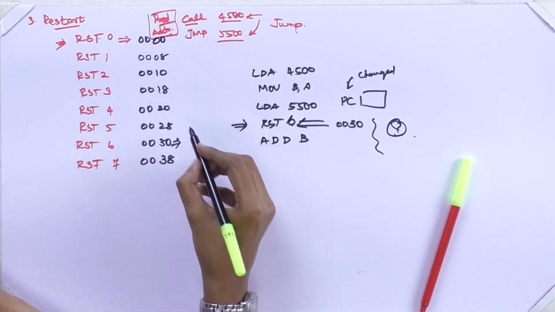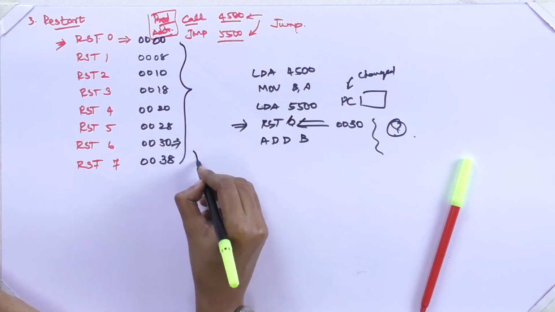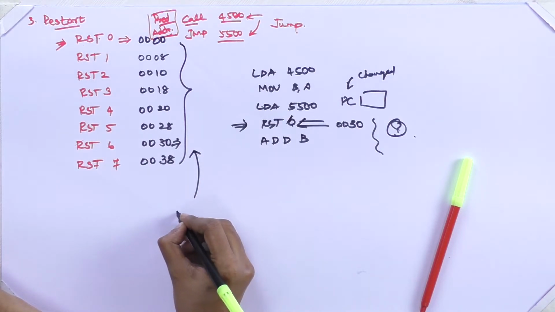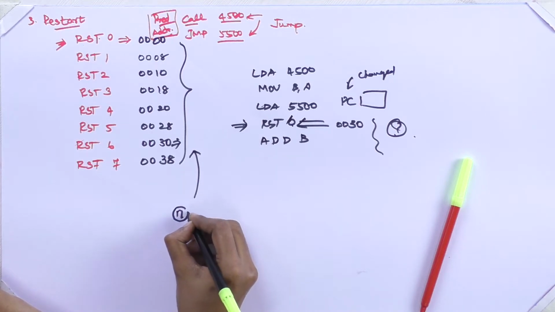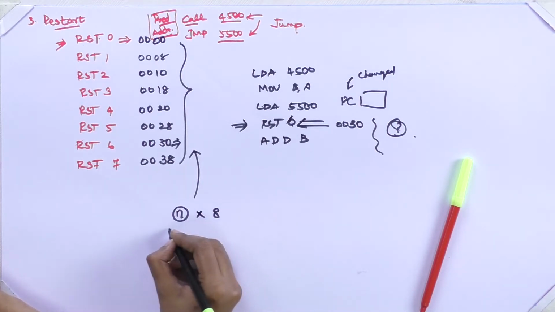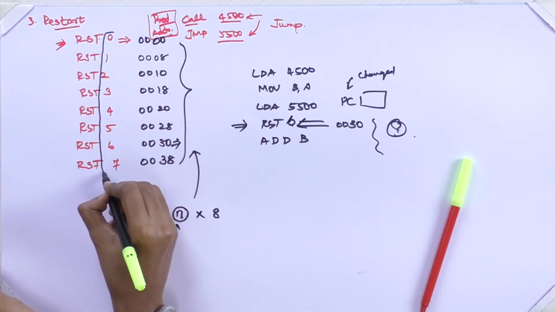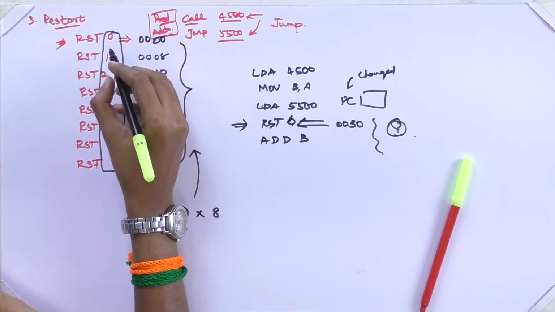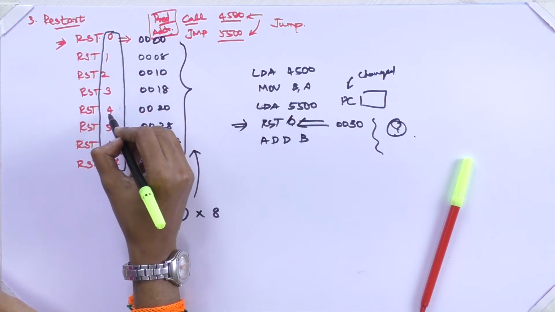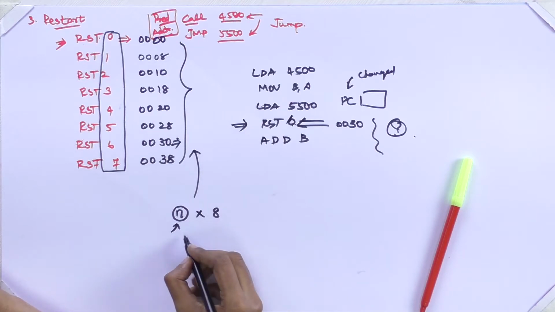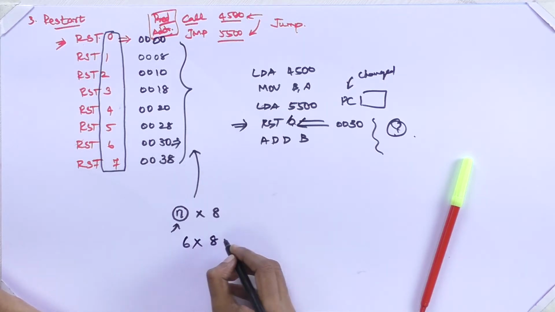How these addresses are defined is, you have to multiply the restart number by 8. This restart number is nothing but the number values that we have here: 0, 1, 2, 3, 4, 5, 6, 7. Here we have RST6, so we have to multiply 6 by 8.